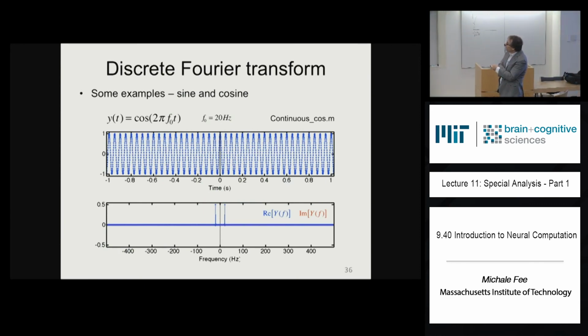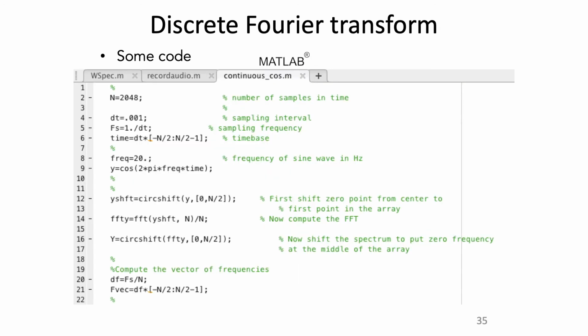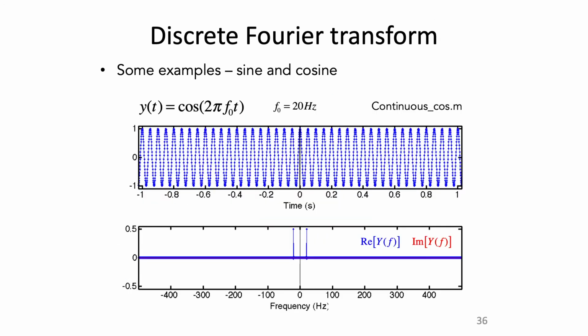So here is a function y of t. It's cosine 2 pi f naught t, where f naught is 20 hertz. Okay, so it's just a cosine wave. You run this code on it, and what you get back is an array of complex numbers.